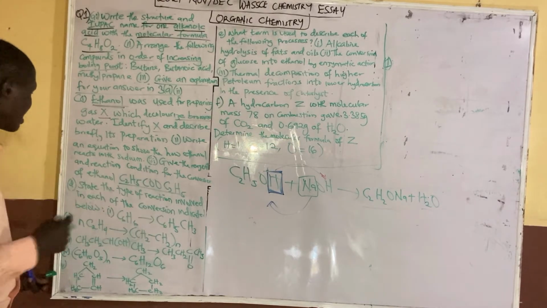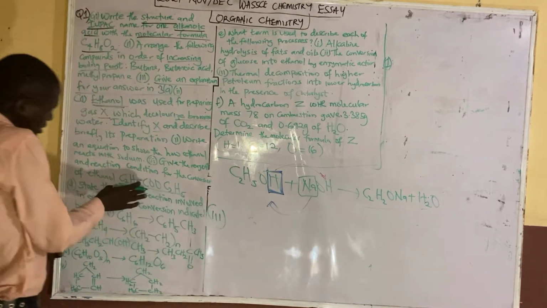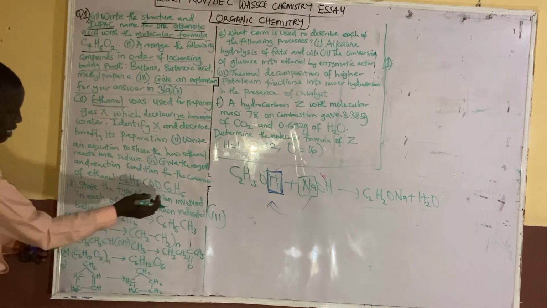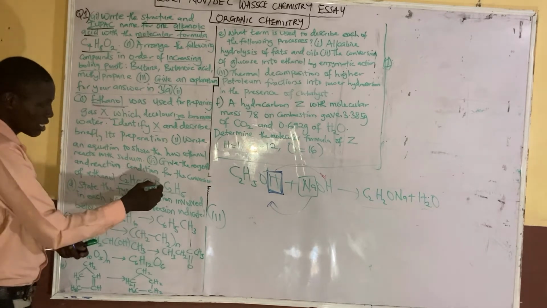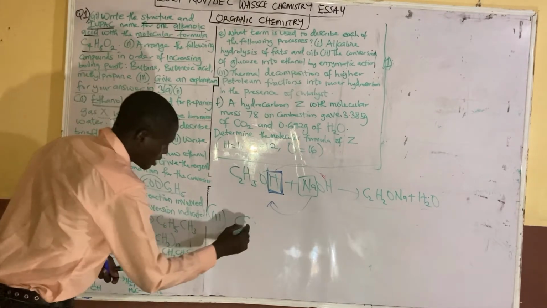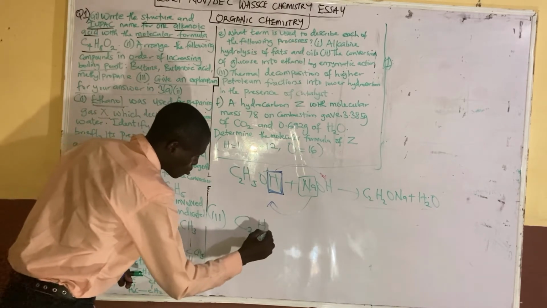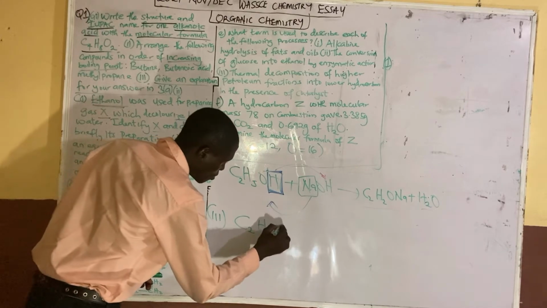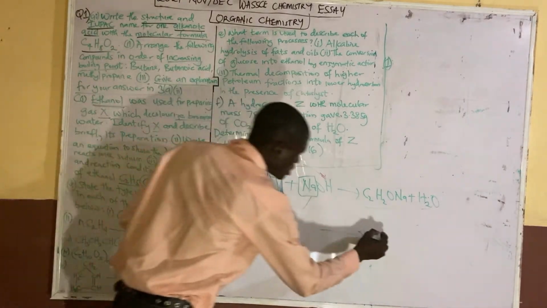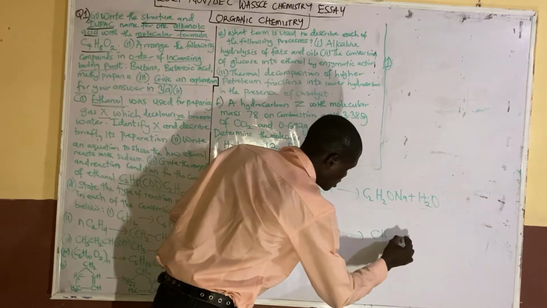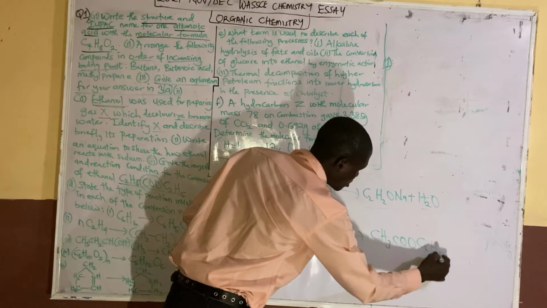Now, this is another reaction that we are asked about as well. How do we convert ethanol to this? You can see the ethanol is at the back of this, and you can see this functional group. So how can we convert ethanol, which is C2H5OH, to CH3COOC2H5?